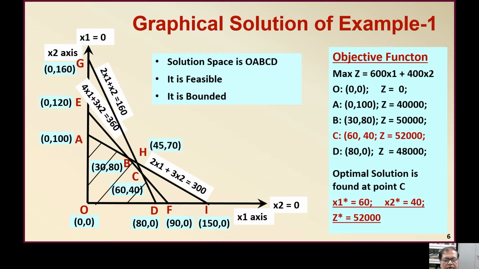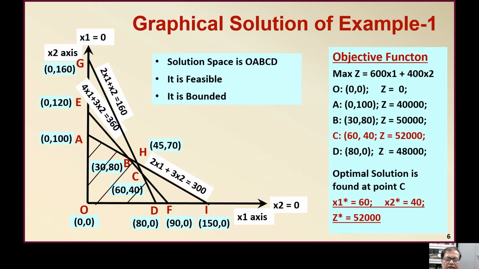So you see, for the point O, x1 is 0, x2 is also 0, so z will be 0. Point A, 0 and 100, so z will be 40,000. Point B, x1 30, x2 80, so z will be 30 into 600 plus 80 into 400, equal to 50,000. Point C, which is 60 into 600 plus 40 into 400, which is 52,000. And finally point D, 80, 0, so 80 into 600, 48,000.